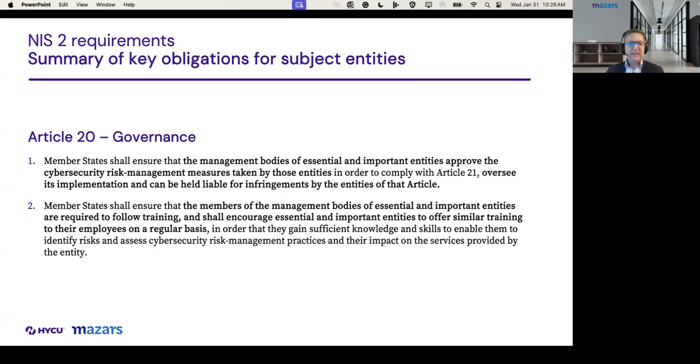So basically, here the management bodies of these important entities will approve the cybersecurity risk management measures taken by those entities, oversee the implementation, and they will be the ones liable for any infringements by the entities of that article.